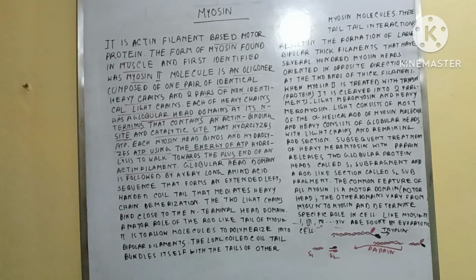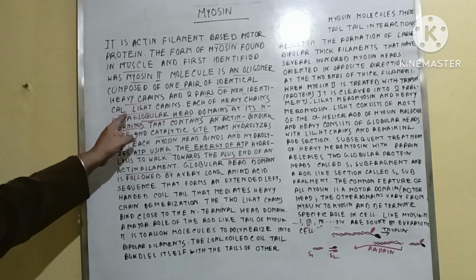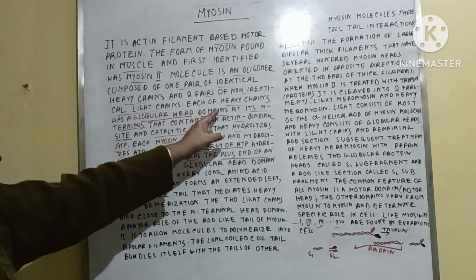So again I repeat this part: myosin contains two pairs of non-identical light chains and one pair of heavy chains, and the heavy chains contain the globular head domains.